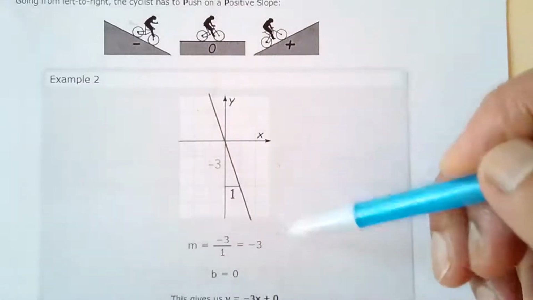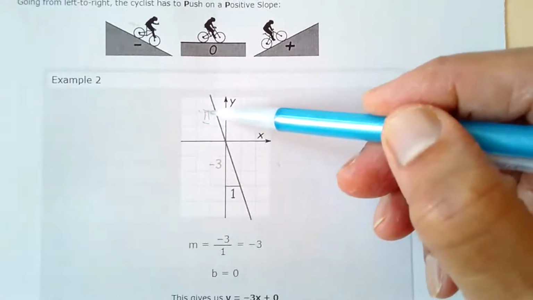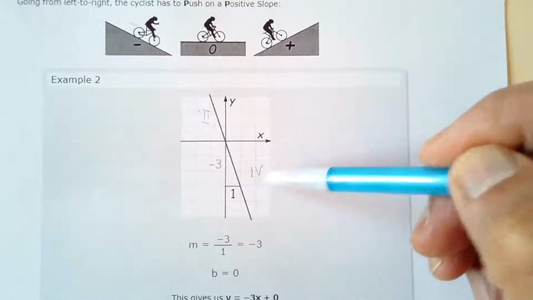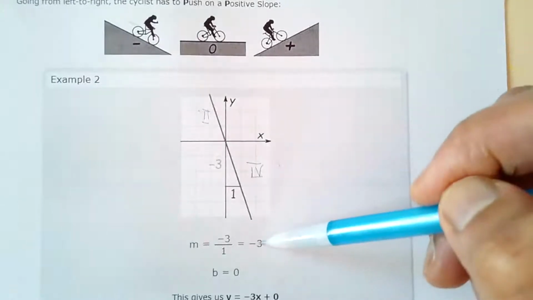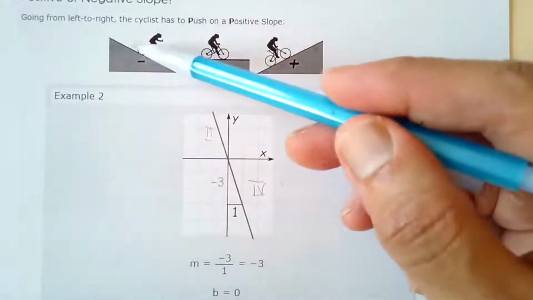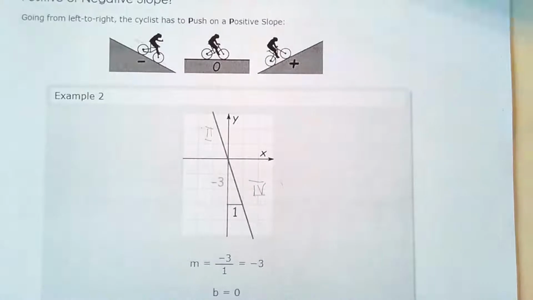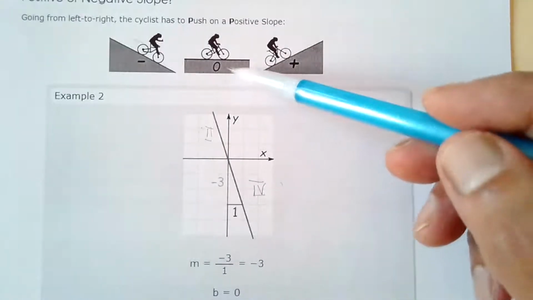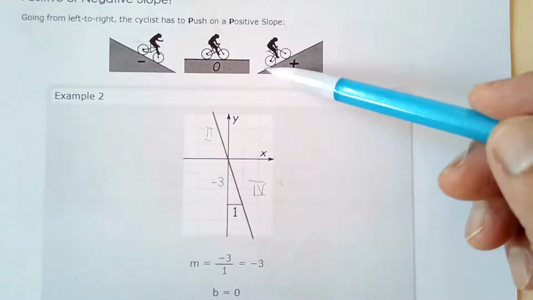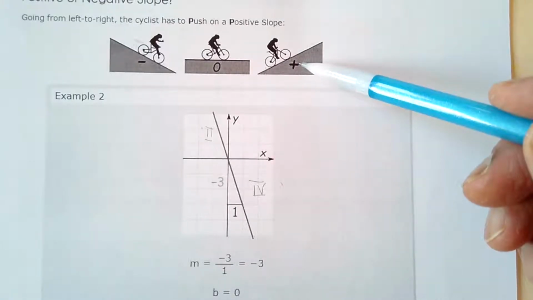If you're going downhill, it's a negative slope. If you're just going on something flat, like Winnipeg is pretty flat, the slope is 0. But if you're going uphill, up a mountain, the slope is positive.